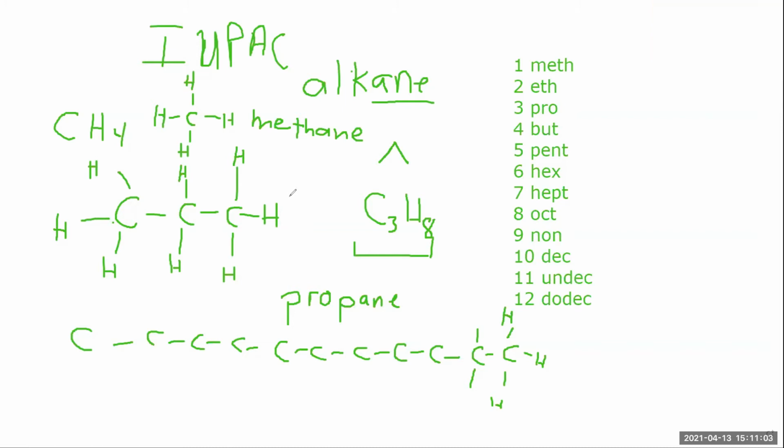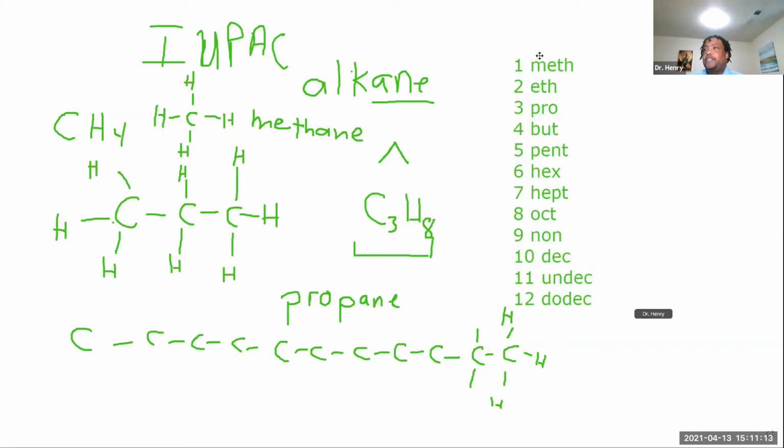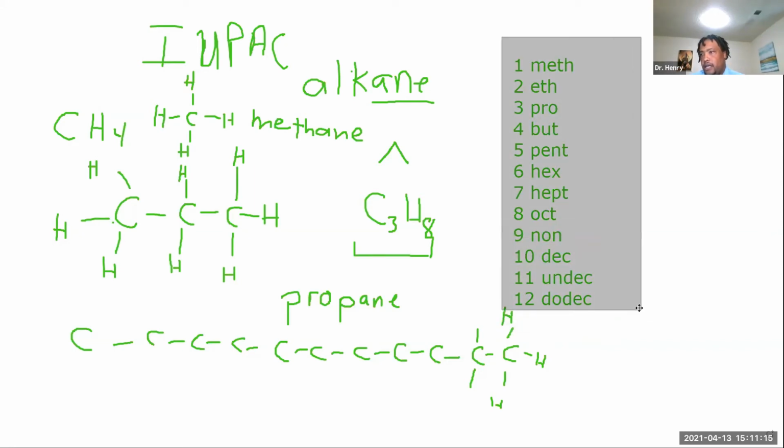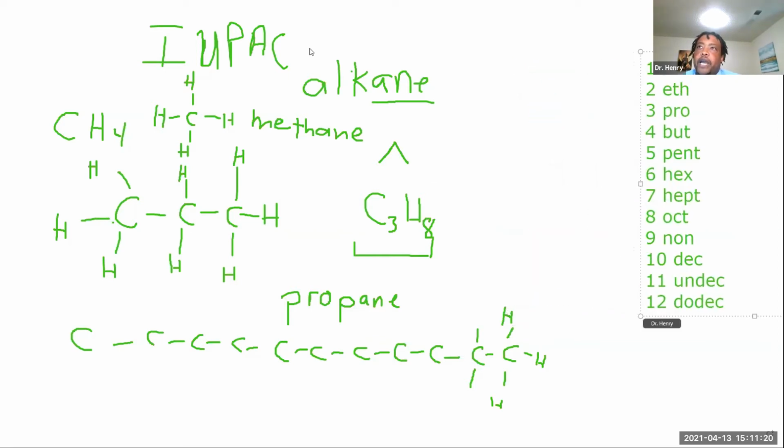Can you say that again? Wait, so if you were writing 5, it would be like an M hump? Yeah, exactly. So if I was writing C5, that would be 6 plus 3 times 2, because I have to do the math to get the number of hydrogens, right?